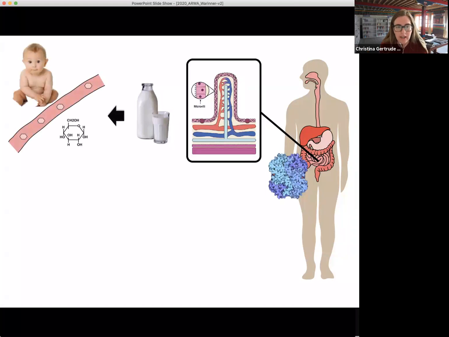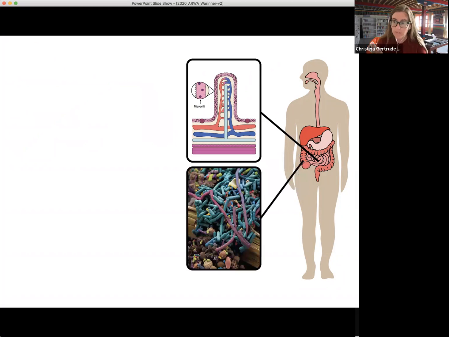When lactose comes into your gut, the lactase breaks it down into the individual sugar molecules, and those sugar molecules are absorbed by your body, and that allows the infant to grow and derive energy from the lactose sugar. However, if you do not make lactase in your small intestine, the lactose just continues to flow by. It can't be absorbed.